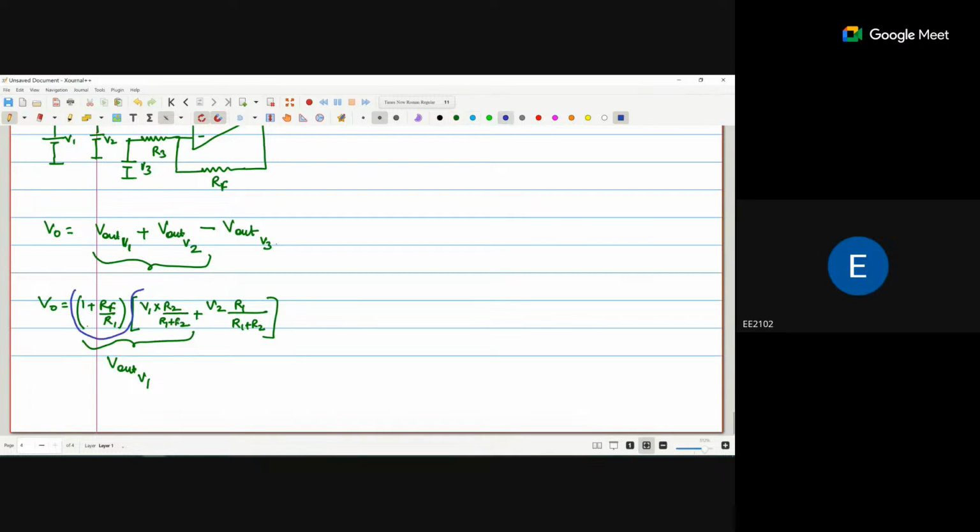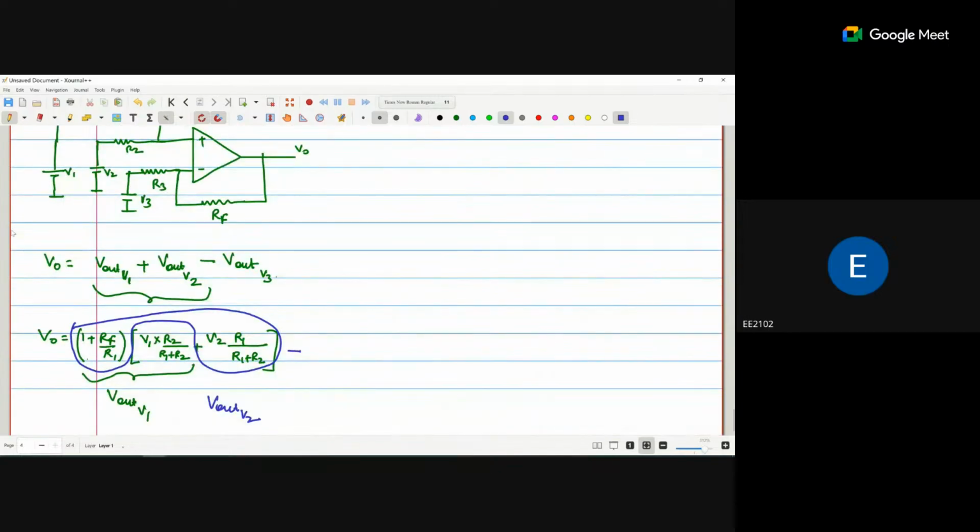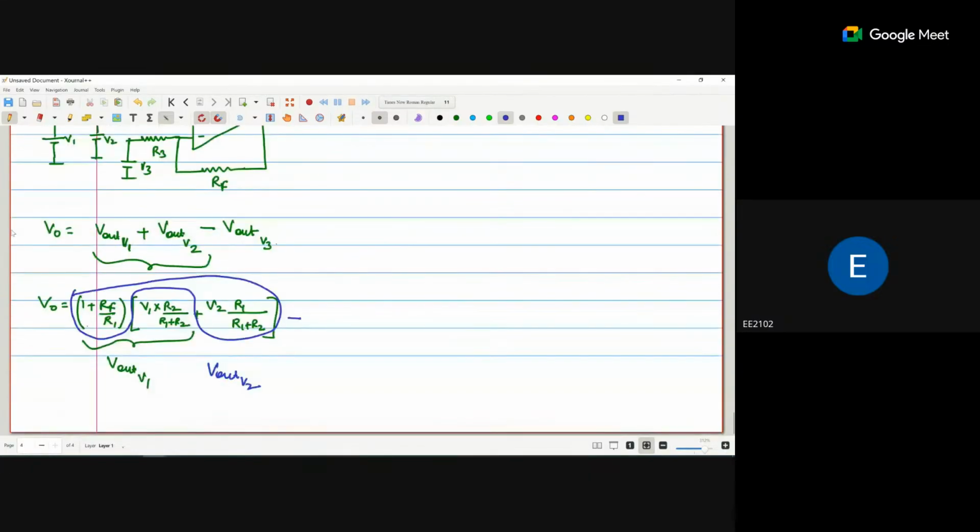This is the output voltage V out because of V2, minus the voltage because of V3. So the voltage because of V3 is minus RF by R3 times V3. So that is the V out because of V3.